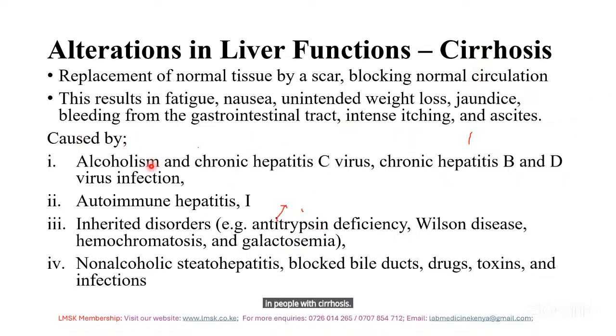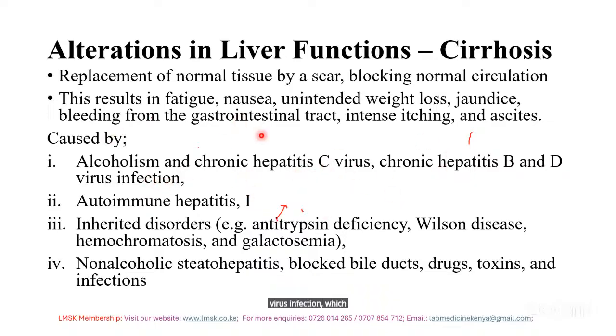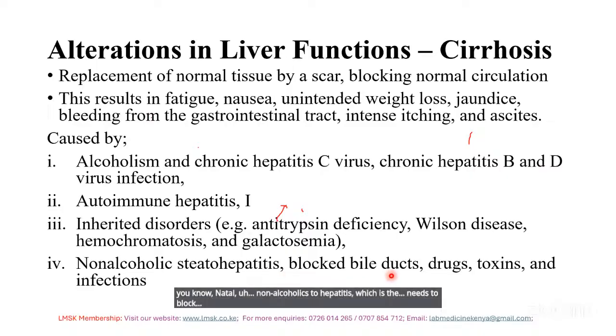It is caused by too much alcoholism, chronic hepatitis C, hepatitis B, hepatitis D, virus infection, which we're also going to look at as part of the liver function tests, autoimmune hepatitis, then inherited disorders such as Wilson disease, hemochromatosis, and the galactosemias, and neonatal conditions, non-alcoholic steatohepatitis, which leads to blocked bile ducts.